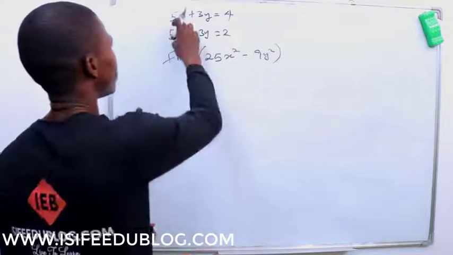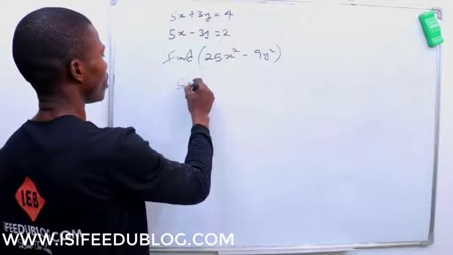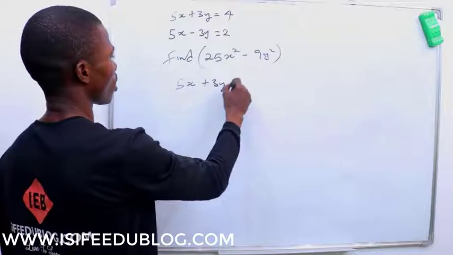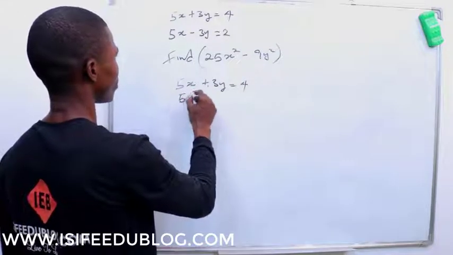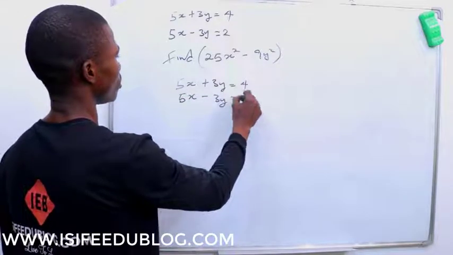Here, 5x plus 3y equal to 4, and 5x minus 3y is equal to 2.